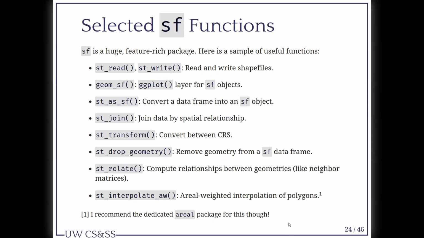You can aggregate those things up from the tract shapes into the larger umbrella of the county by assuming that all of the information in the tract is evenly distributed in the tract, and then you just sum it and aggregate it up to the larger shape. So the areal package will get this done better for you than the sf package as of now.